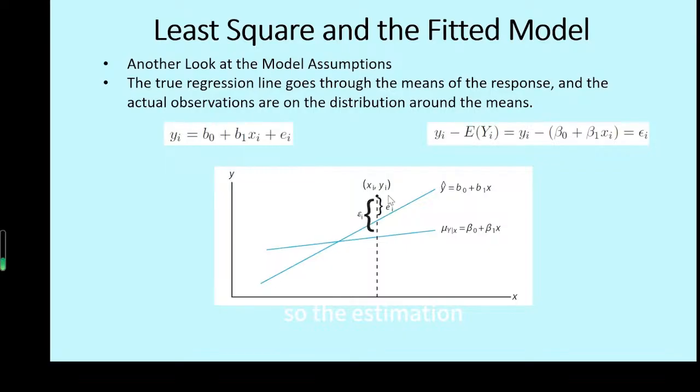So the estimation of the linear regression is based on the least squares, which will minimize the sum of squares of this error.